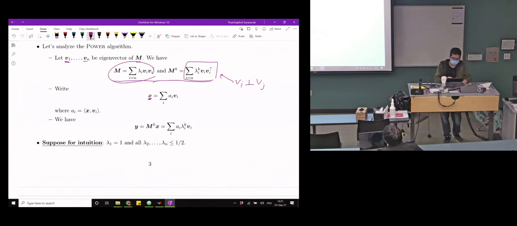Write x in terms of the eigenvectors v_i. Then a_i is just how much you go in direction v_i. So now we can write y as m to the k times x.